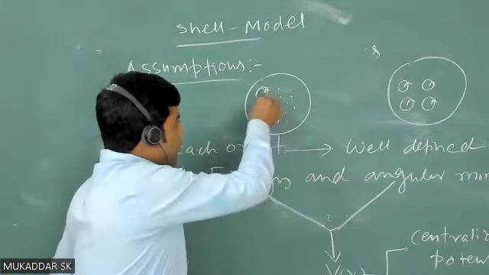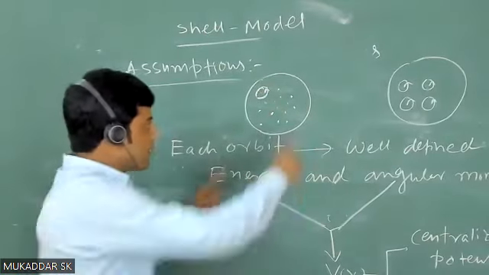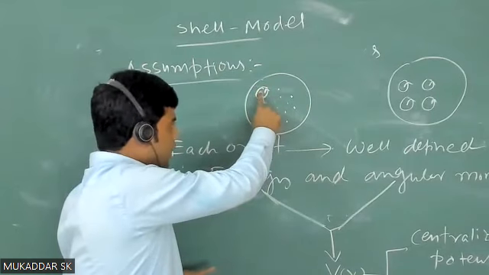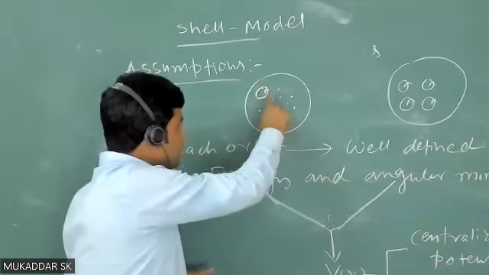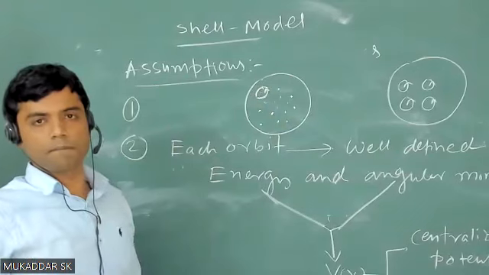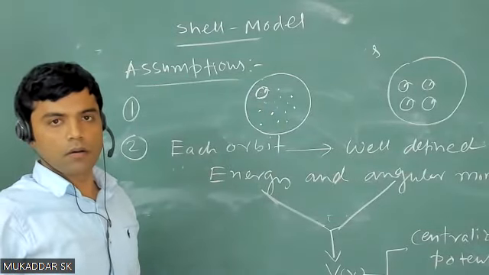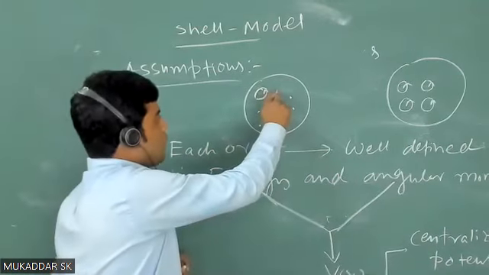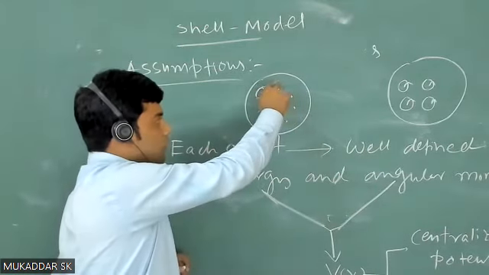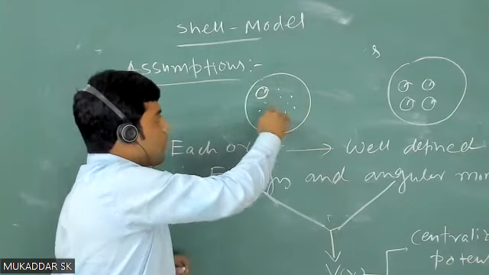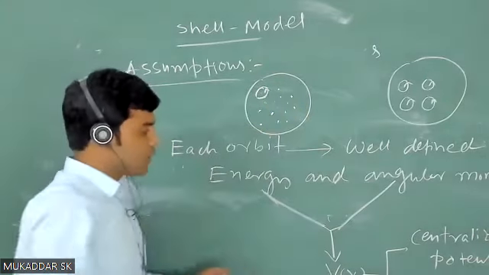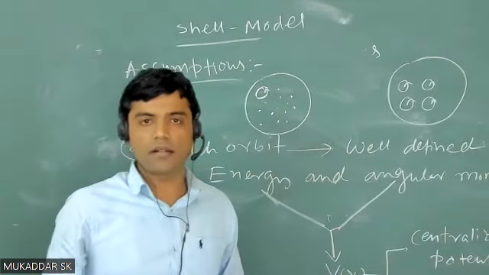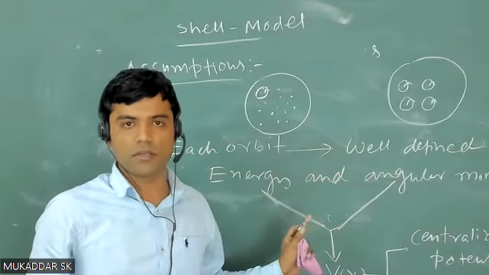What is the role of the other 19 nucleons? They are creating a centralized potential, and this nucleon is rotating under the action of this centralized potential.